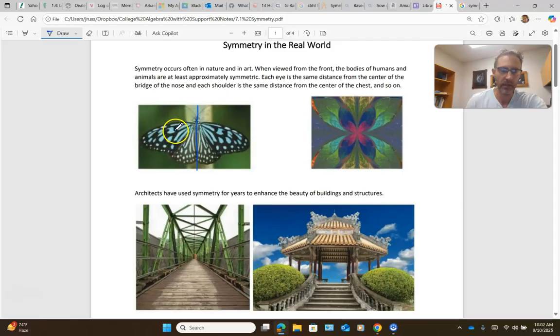Any point over here, you could say, well, all these points, they're defined by negative x values. To end up over here, to be reflected about this axis right here, those x coordinates or values would have to change sign, essentially. Okay? And then we see this figure right here that has symmetry about one axis and also symmetry about another axis.